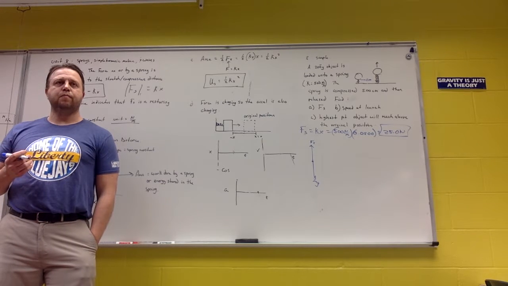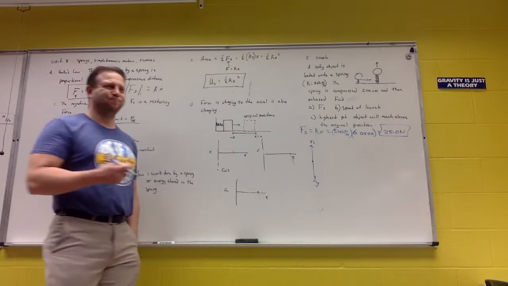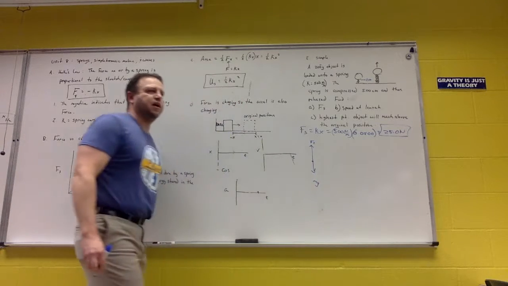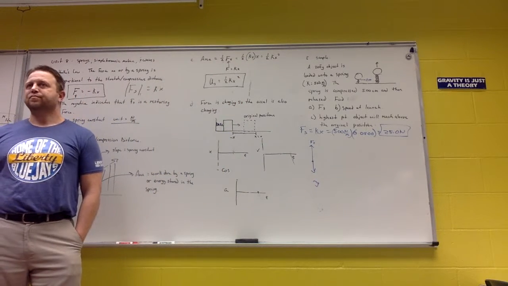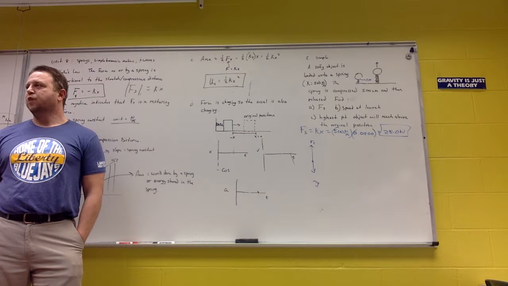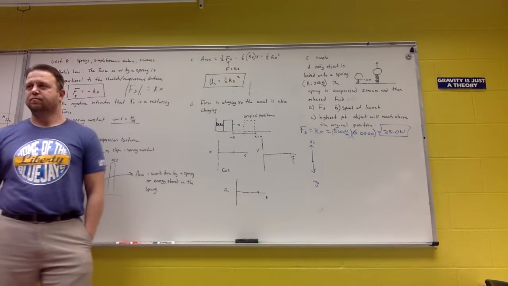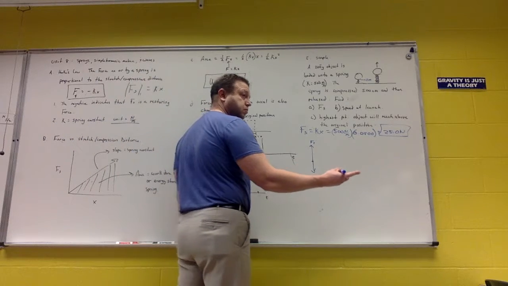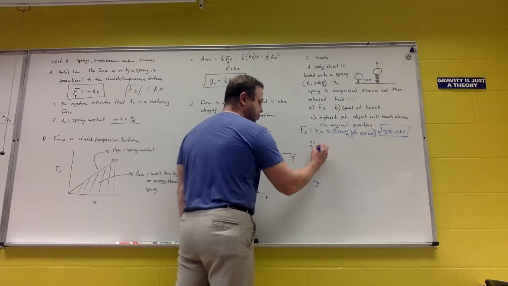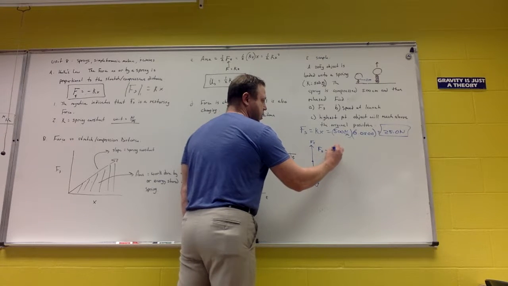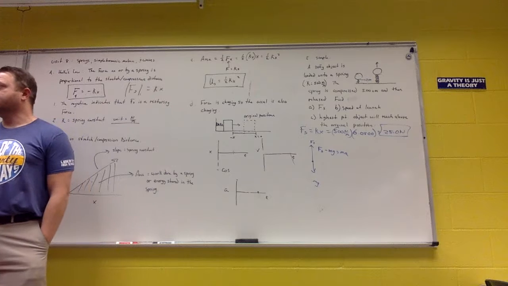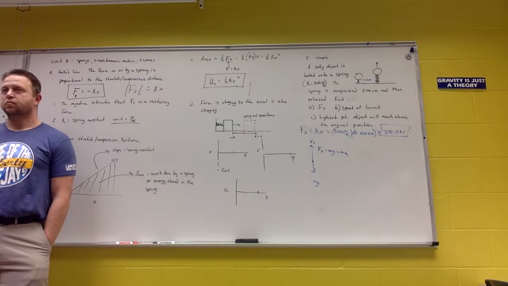Are they equal anymore? No. Now you have that. So how do I write the equation for that? Spring force minus mg. There you go. If I wanted the instantaneous acceleration, that's the way I would solve it.